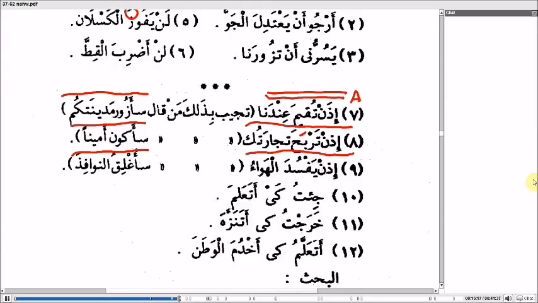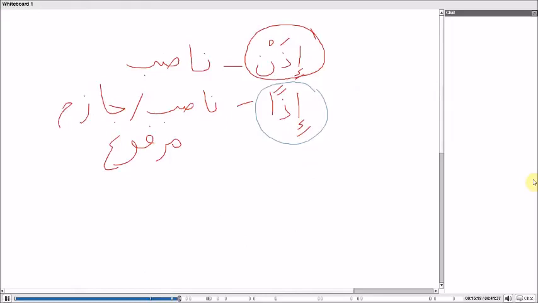Whereas idhin with the aleph in the blue circle here is not always a jawab, and it's not always going to make the fi'l nasab. But I could use this idhin in this blue circle as a replacement for the idhin in the red circle, as we find in the Quran. We don't ever have the idhin with the noon. We have the idhin with the aleph. Right?